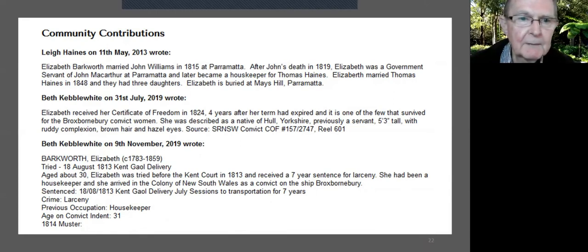You can see that on the 11th of May 2013, I wrote some information about Elizabeth Barkworth, and on the 31st of July and again on the 9th of November 2019, Beth Kibblewhite contributed some information to that particular record. So you can see that people who are interested in a particular convict can flesh out quite a lot of additional information about the particular person.